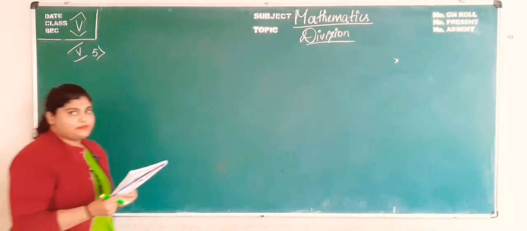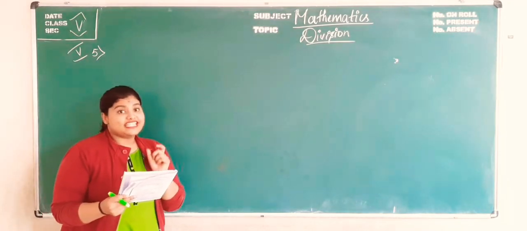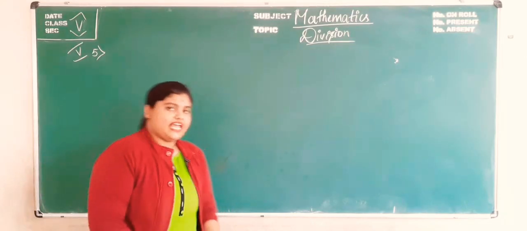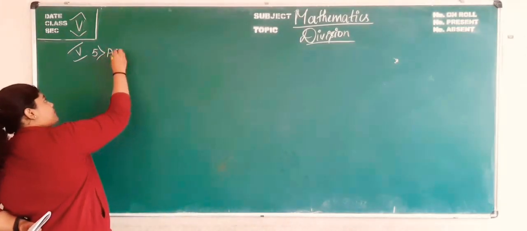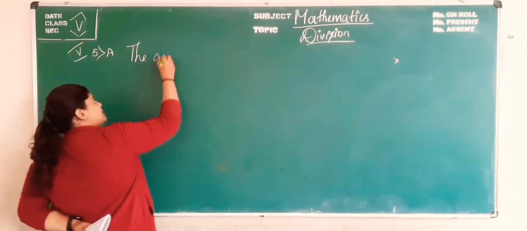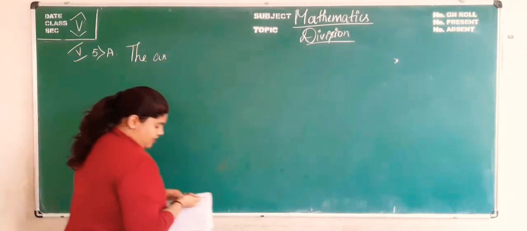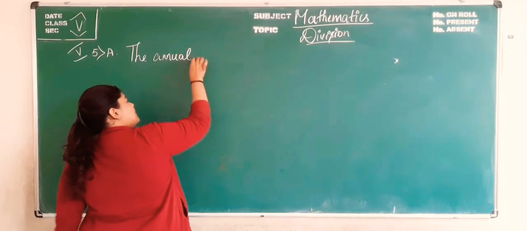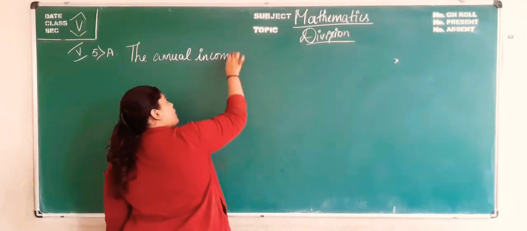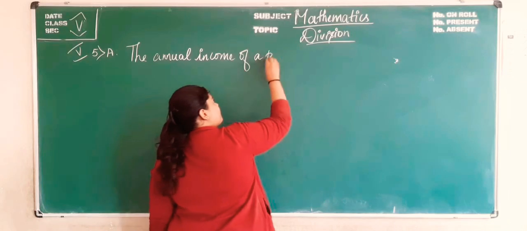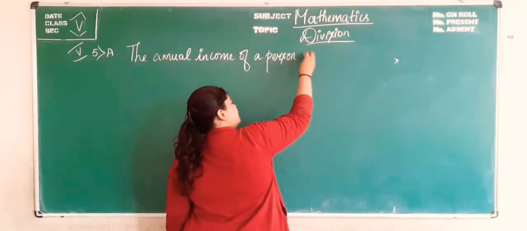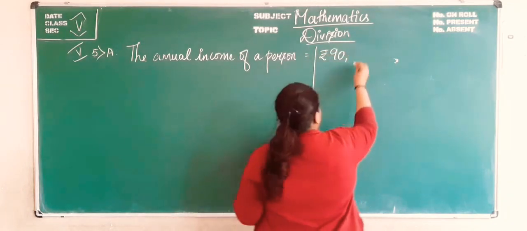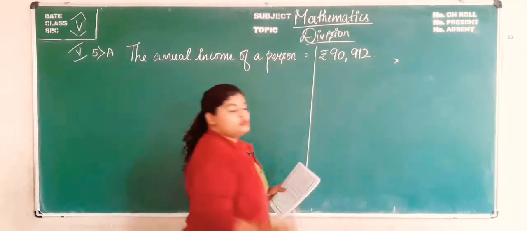So what is the first statement? The annual income of a person is 90,912. Yes, the annual income of a person is equal to rupees 90,912. Now what are we finding out?